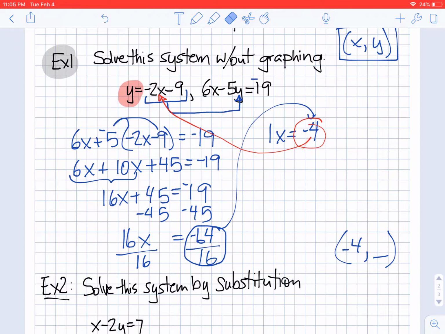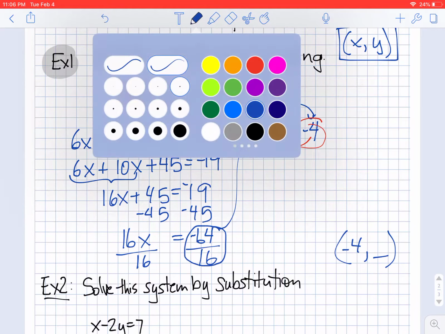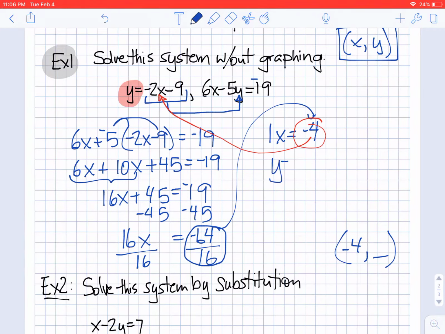It's a little bit easier to work with. So we see that we end up with y equals negative 2 times negative 4 minus 9. Do some arithmetic here. I get 8 minus 9. And so I think we get a y value of negative 1.